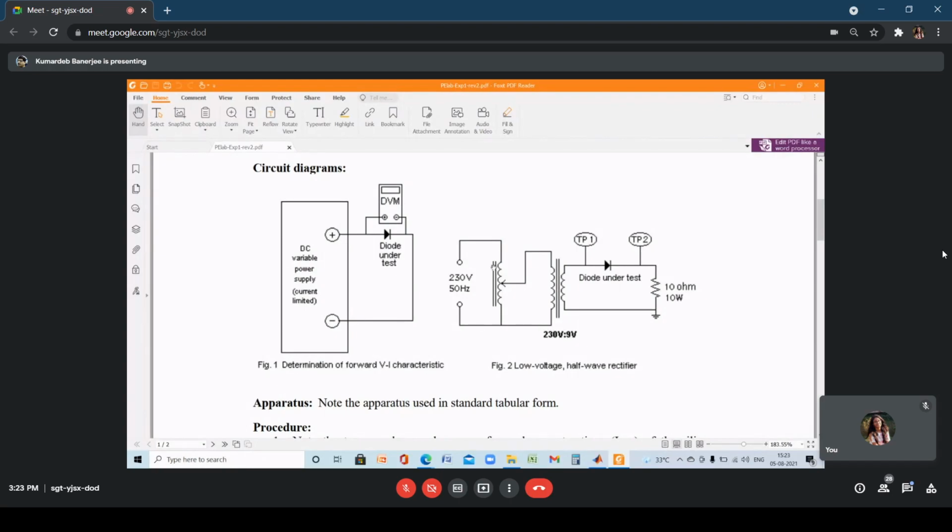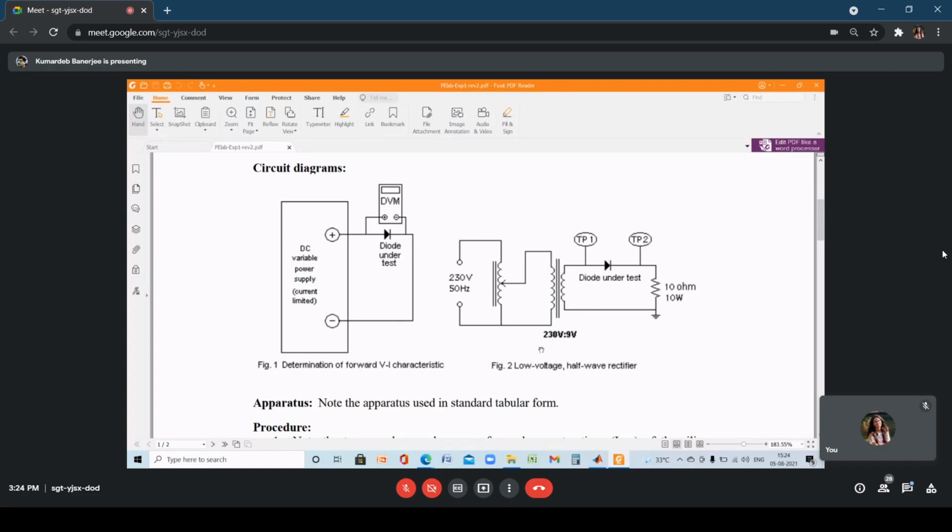That's why we have put an auto transformer in front of the transformer. Auto transformer means you apply a 230 volt supply at this point, the main supply, and if you change the dial position, you can get any voltage from 0 to 230 volt at the secondary point of the auto transformer. That's how your auto transformer works, and that output is connected to the primary of the transformer.